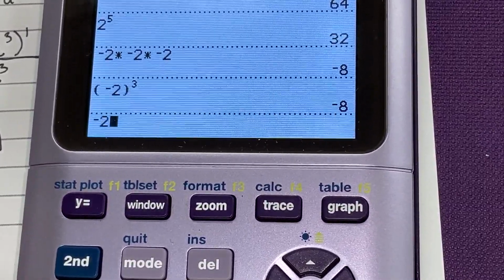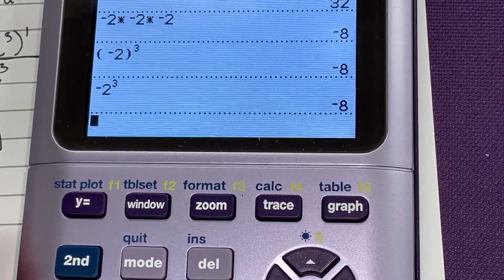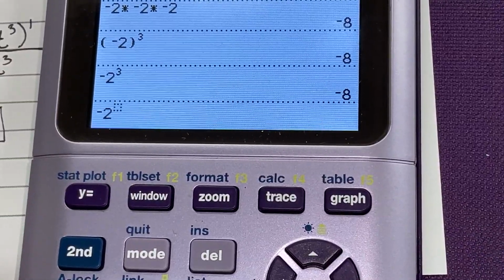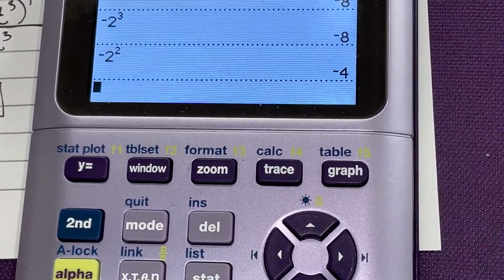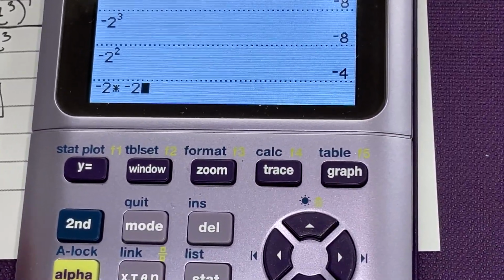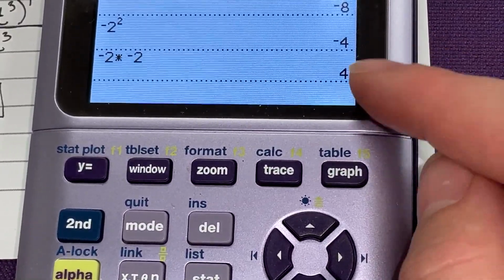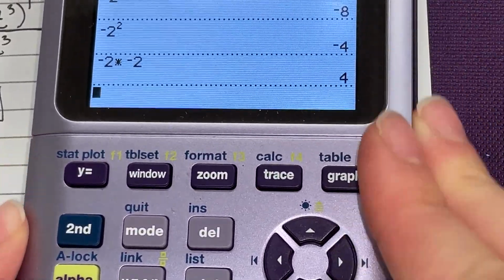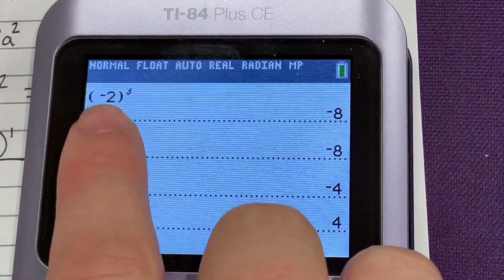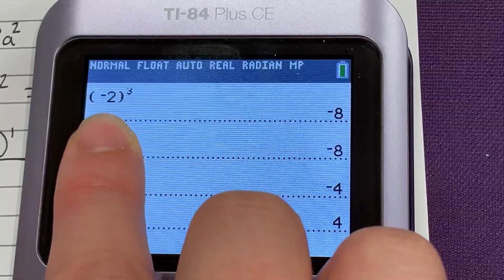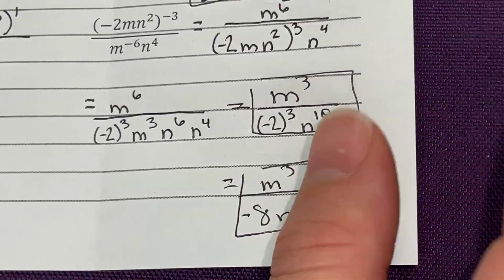Like in this case, it would be right, but let's say we did an even number, like 2. Negative 2 squared says negative 4, but negative 2 times negative 2 isn't negative 4, it's a positive 4. This is on the left side of the number line, this is on the right side. So just be careful. You always want to make sure you put the parentheses into your calculator when you're dealing with negative regular numbers. All right, so that is negative exponents.